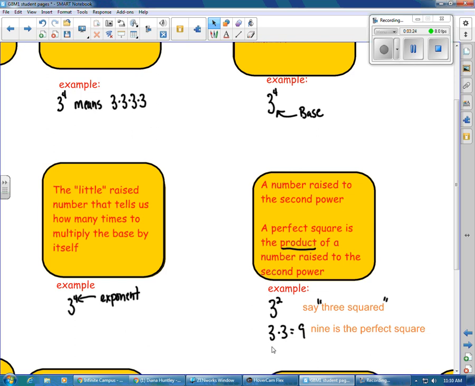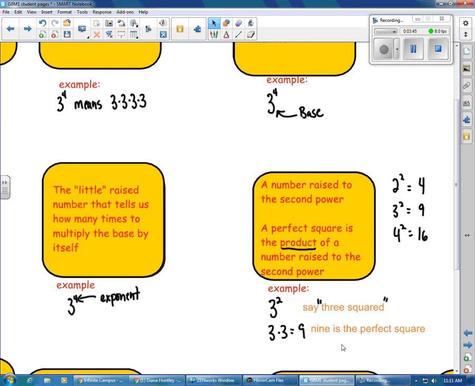Now, any number can be squared. It's the product that's actually a perfect square, and not every number is a perfect square. For example, if we take 2 squared, that's 4. 3 squared is 9. 4 squared is 16.